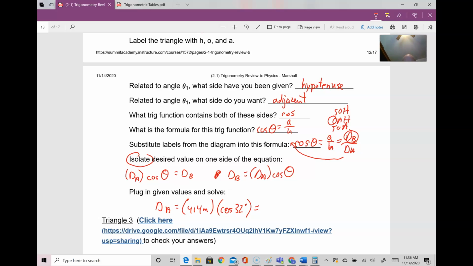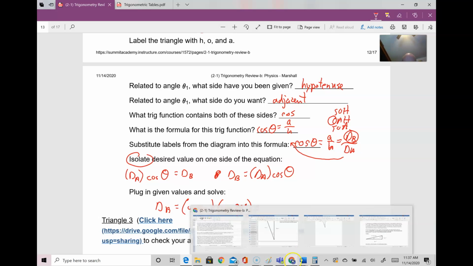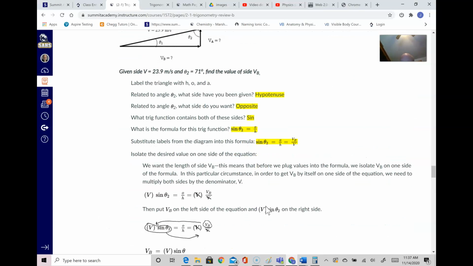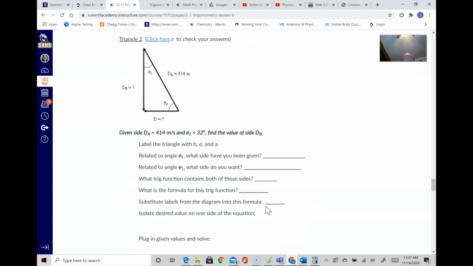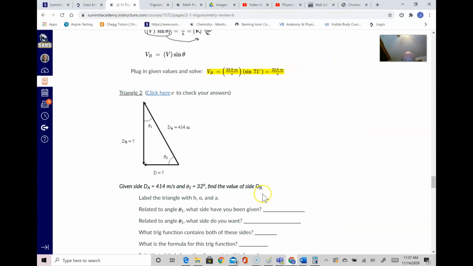If I multiply that out, and I check my answer because I'm too lazy to go back to the calculator, I get a value of 351 meters for that.